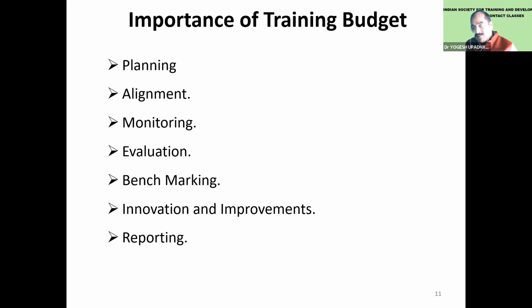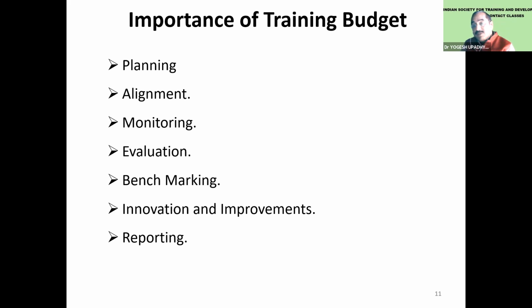Have we conducted 5 programs? We have budgeted 1 lakh of rupees for 2 programs, whether we have spent, we have saved or over expenditure. If over expenditure is there, then from where is money coming. Then evaluation is possible. When you have a plan, evaluation you can have. Then benchmarking you can achieve with either your own previous year or maybe your sister concern, with anybody, in spending, in conducting programs.